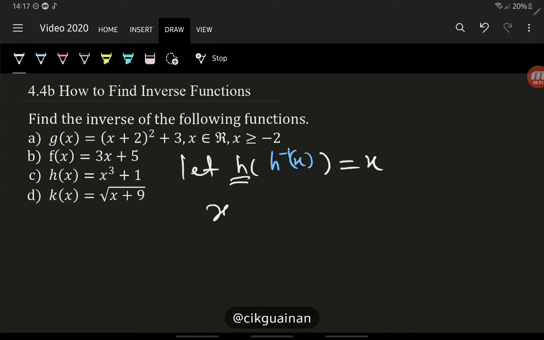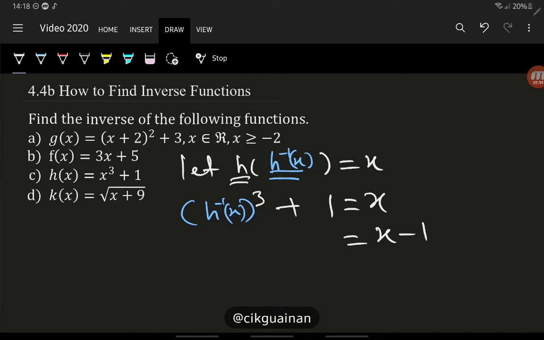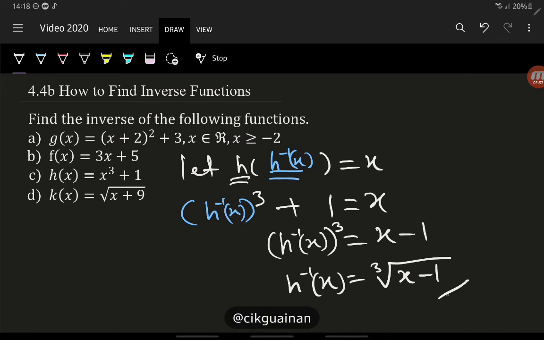This h is x cubed plus 1. But we change the bracket, we change x into this one. So h inverse equals x, so x minus 1. We have h inverse cubed, and then we proceed with h inverse equals the cube root of x minus 1. So this is the answer for the third one.